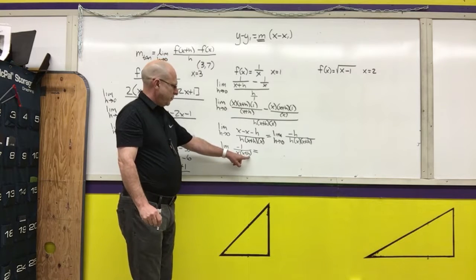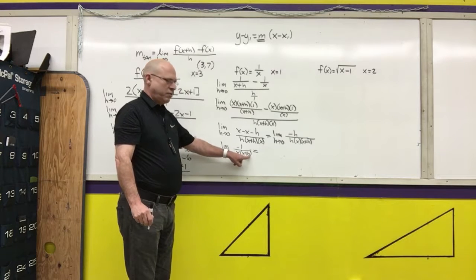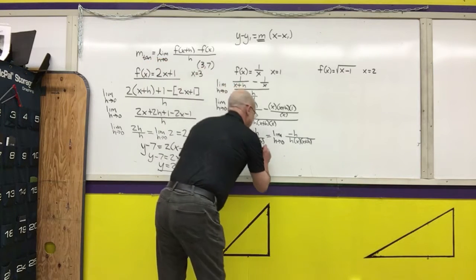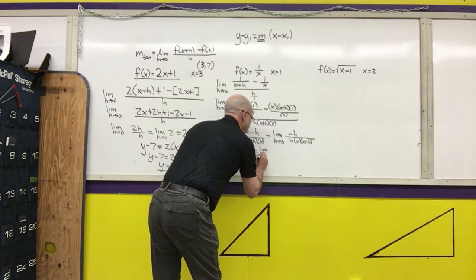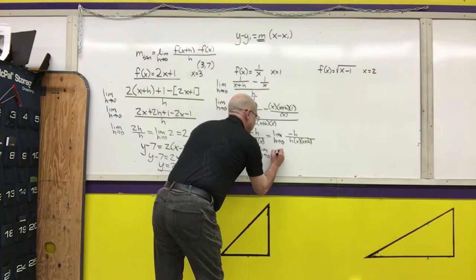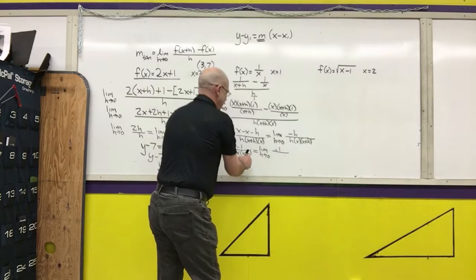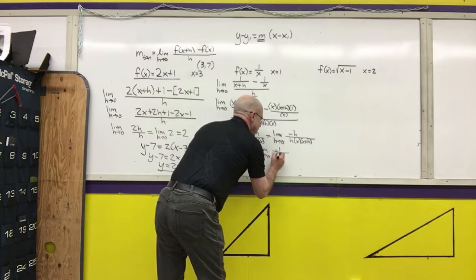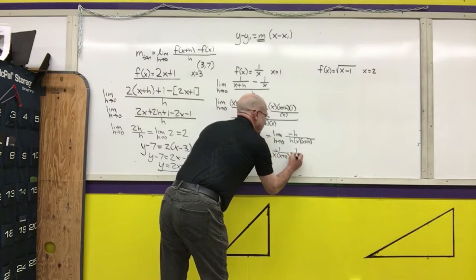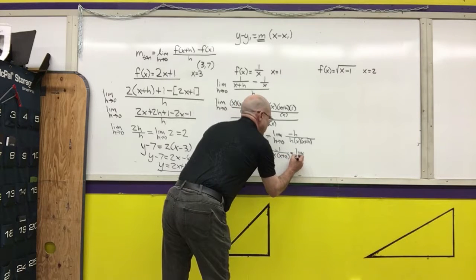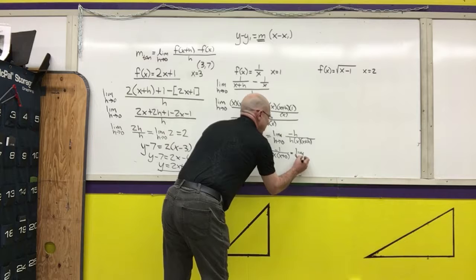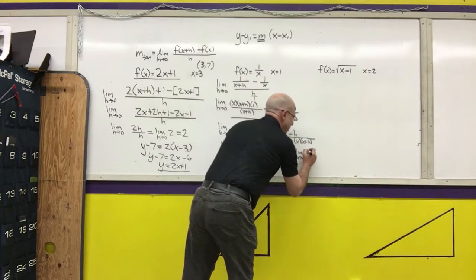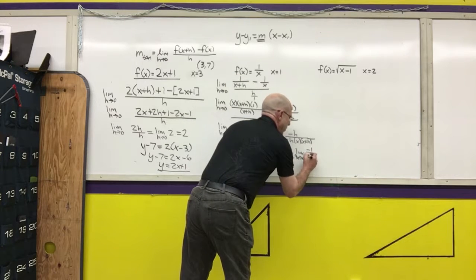So if I put a 0 in for h, I get x times x plus 0, which is x times x. So as h approaches 0, the limit is negative 1 over x squared.